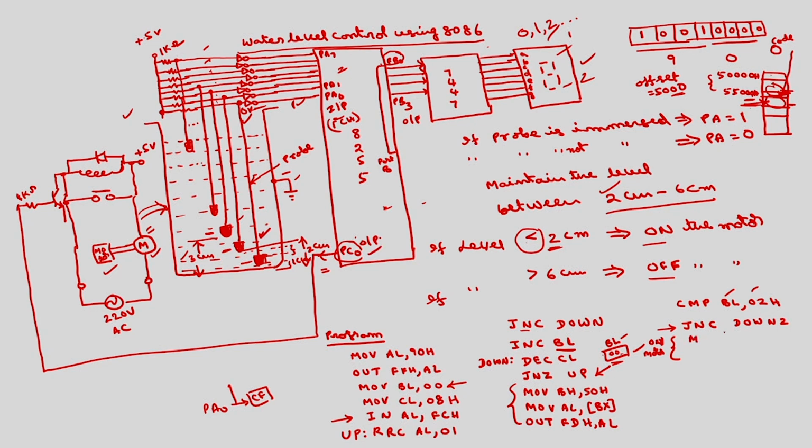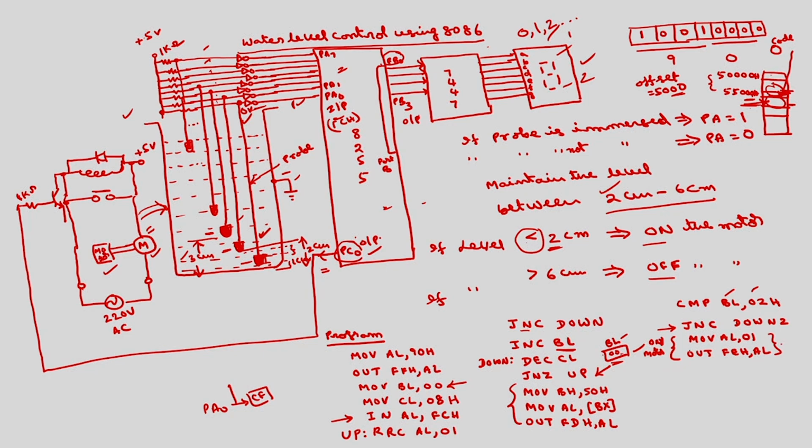Move AL comma 01. So the last bit will be 1, out onto port C. Port C address is FEH comma AL. So this will be executed whenever the level is less than 2 centimeters, it will on the motor.